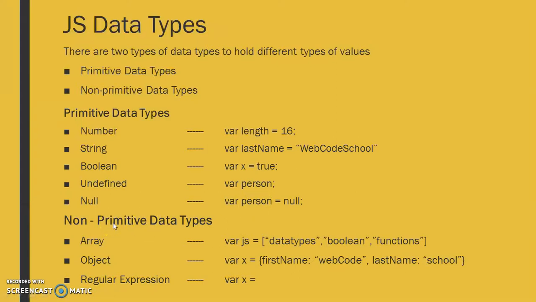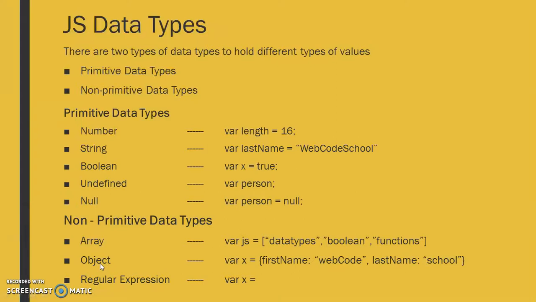Next, going to non-primitive data types, we have array, object and regular expression. An array will have var and a name, and inside it we have some set of characters or numbers. And in an object we have something like first name and last name, with values hooked up to them.